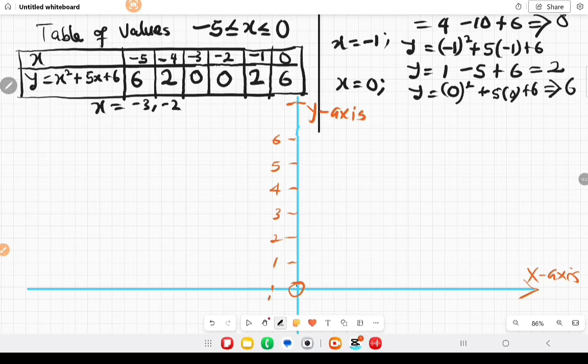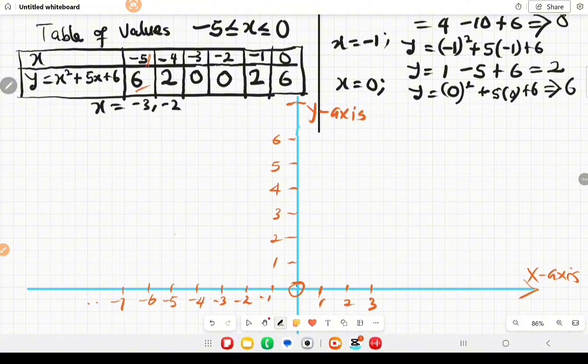Then minus 1, minus 2, minus 3, minus 4, minus 5, minus 6, minus 7, and so on. Along the x-axis we have 1, 2, and 3.